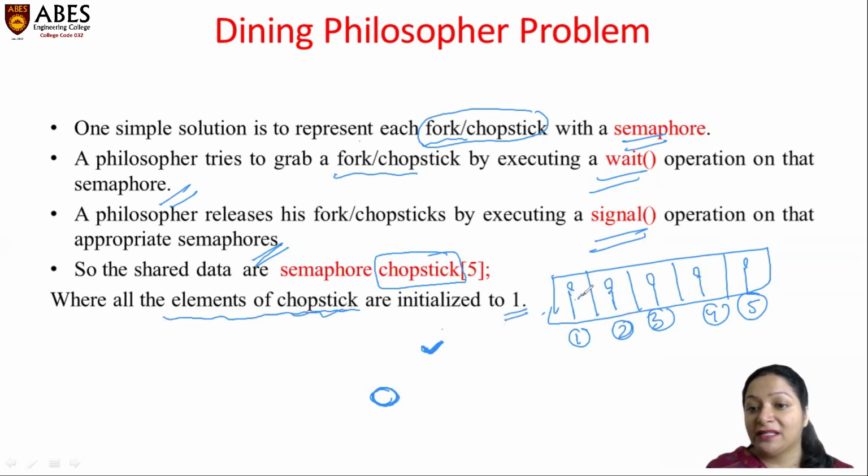Why have we initialized to 1? Because whenever a philosopher tries to grab the fork, he will execute the wait operation, and the wait operation can only be applied whenever the semaphore value is greater than 0, right? So that is why we have initialized this semaphore array to 1.